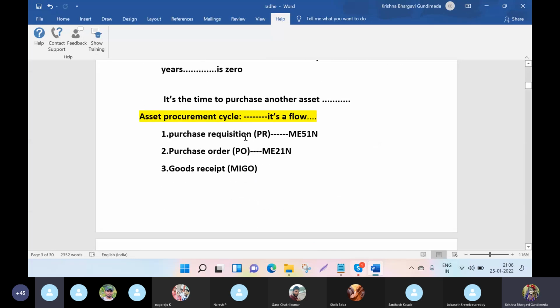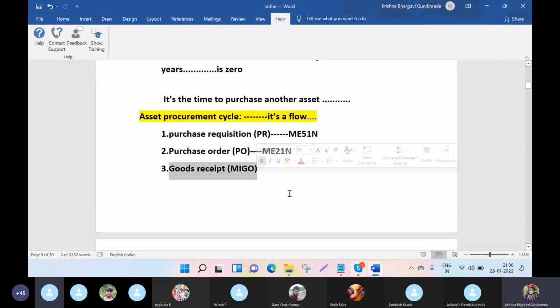After that, proper internal control authorization is taken, and after approval of an authority, the second step is the placing of an order, the purchase order. After placing the order, the goods are received. That means the furniture or the asset, whatever we placed an order for, is received in step 3, MIGO.